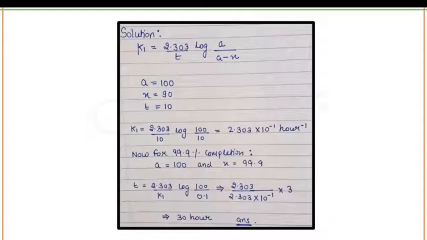You have not given the value of rate constant, and you know it very well, for calculating the time, you will require the value of rate constant. So first of all, we will find the value of rate constant. K is equal to 2.303 upon T log A upon A minus X. What is A? A is your 100. Why?